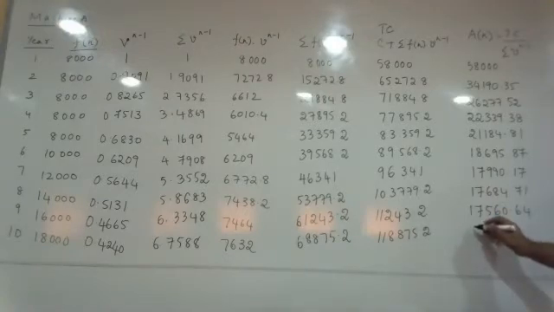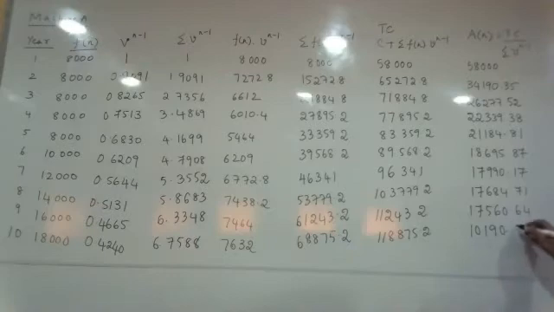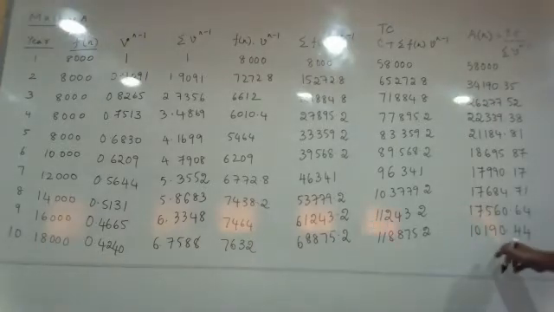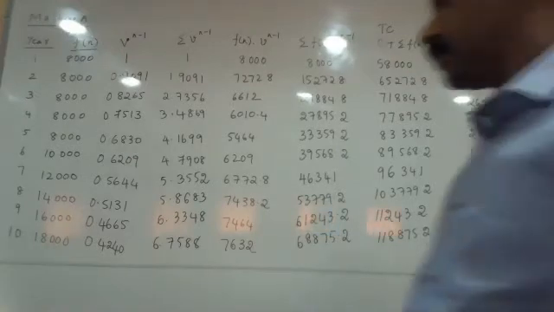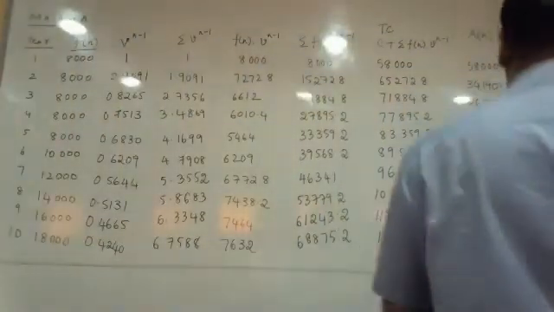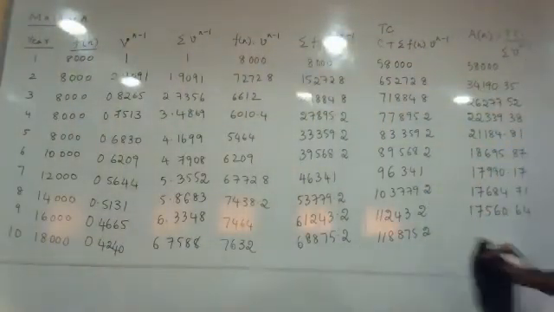10,190.44. Come again. 10,190.44. Have you done the calculations correctly, everyone? Just check it properly. I think the last value is wrong. Please check it once again. So the last value is 17,588.21.